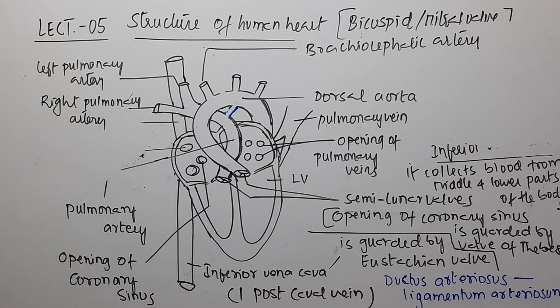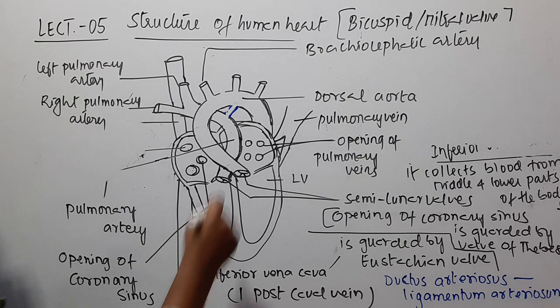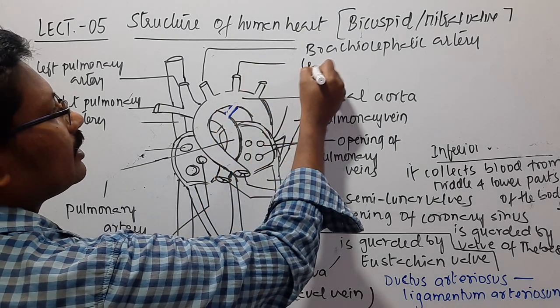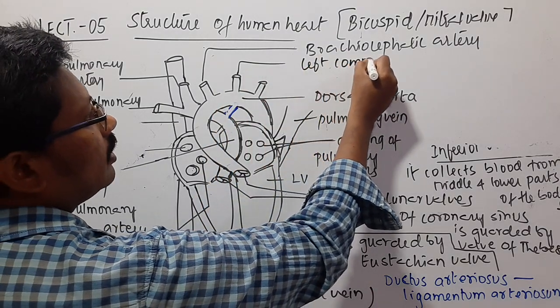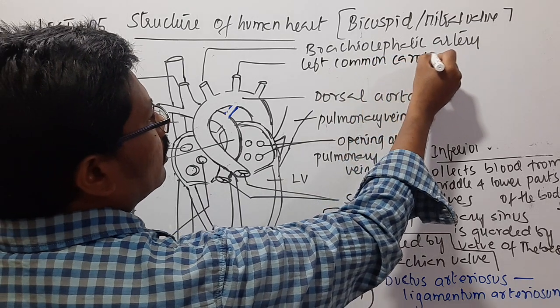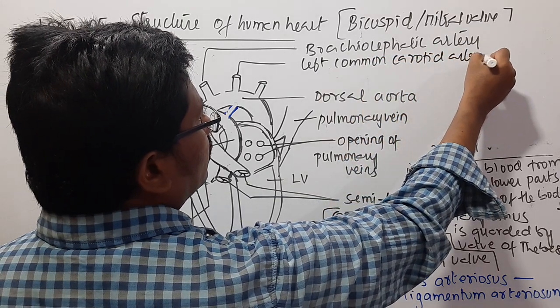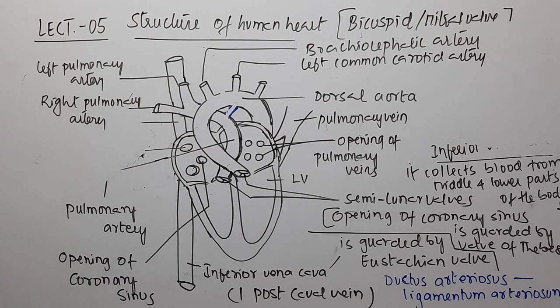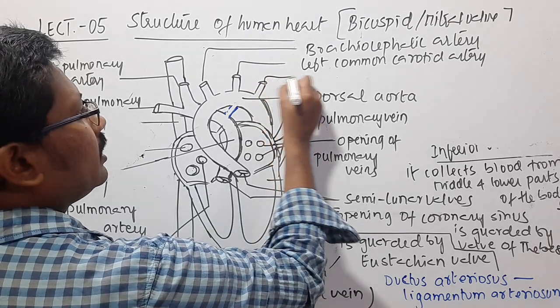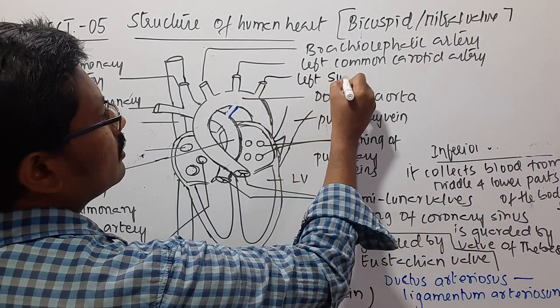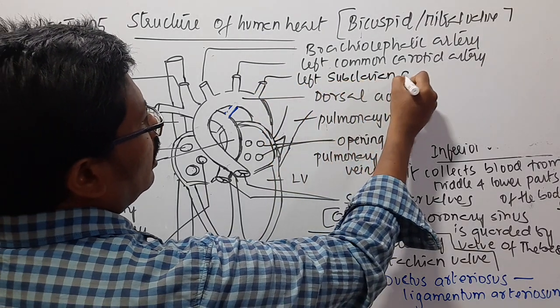And the second one is the left common carotid artery. Whereas another one is the left subclavian artery.